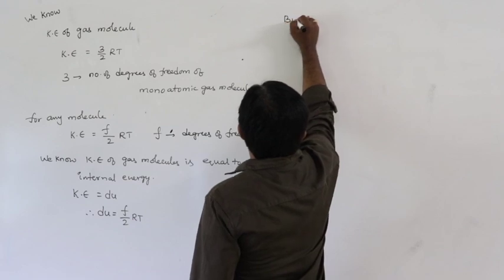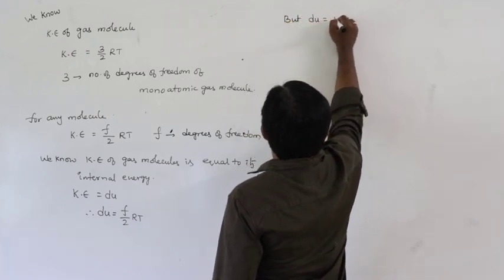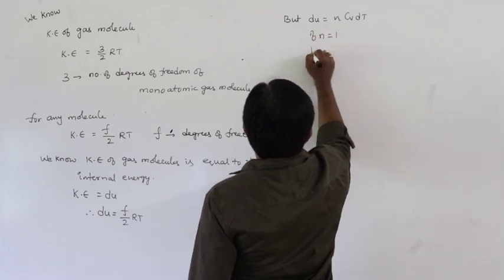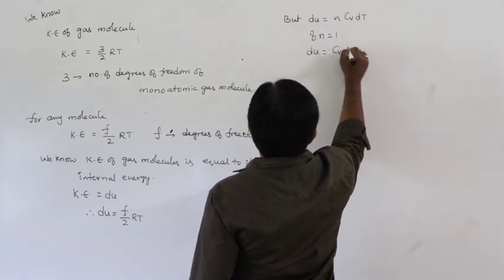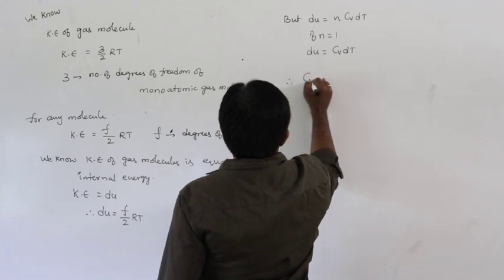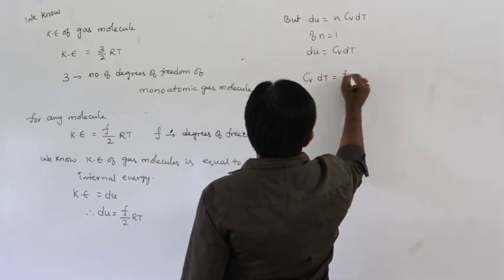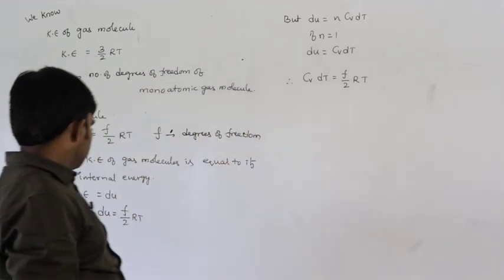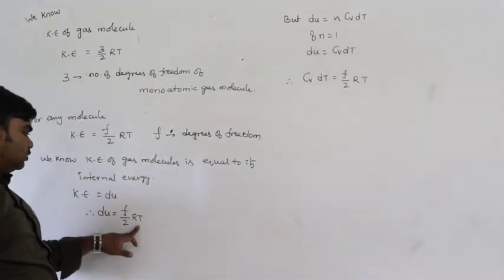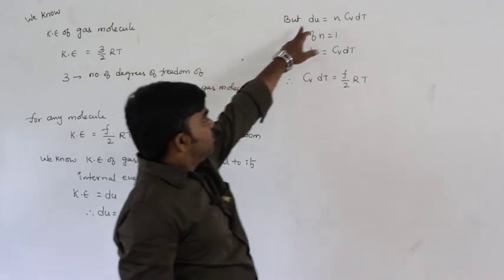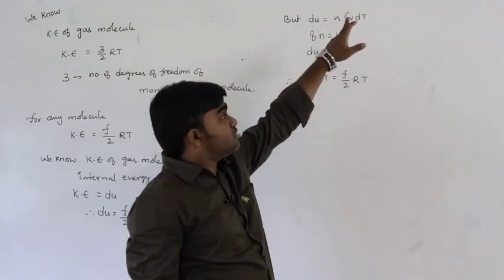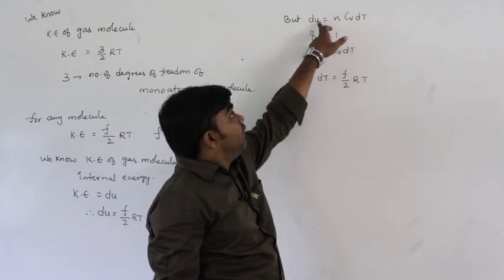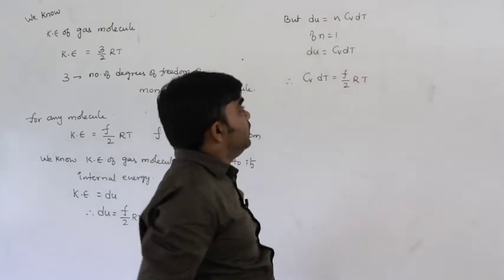But we know that if heat energy is applied at constant volume, dU can be written as n Cv dT.